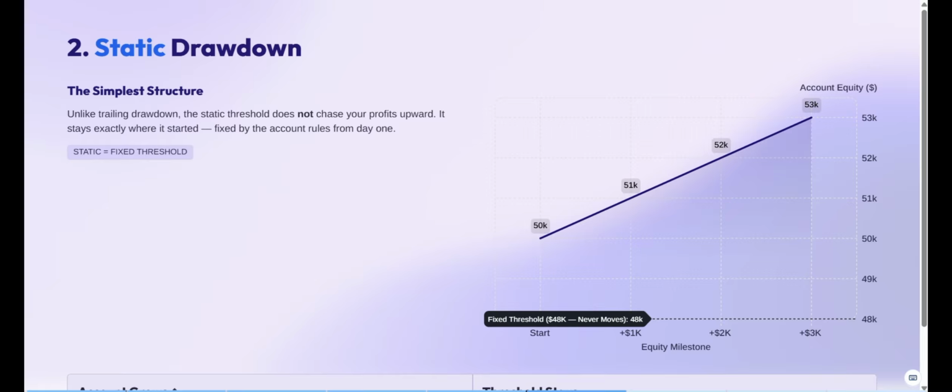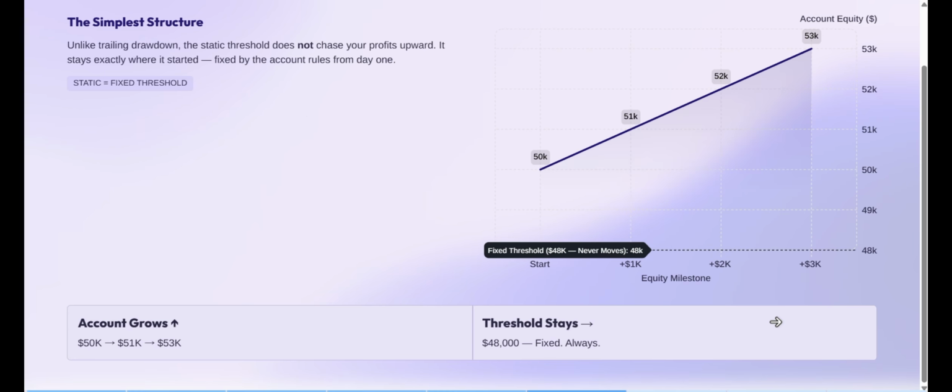Static drawdown. Next, we have static drawdown. Static drawdown is much simpler to understand. Instead of the drawdown threshold moving upward with your account, the threshold remains fixed according to the account rules. For example, imagine a $50,000 account with a $2,000 static drawdown. Your drawdown threshold would be $48,000.